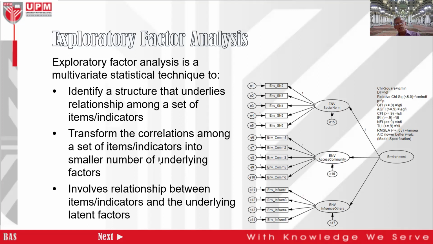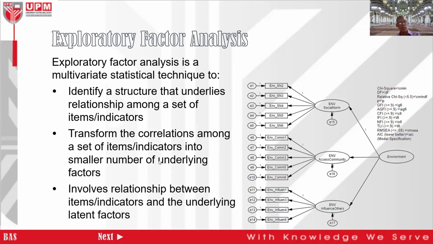We transform the correlation among a set of items or indicators into a smaller number of underlying factors. Basically, based on the interrelationship between items, we come up with the individual factors that we can establish. These are the set of items that we can use to measure that particular factor, which sometimes we call our variable or construct.